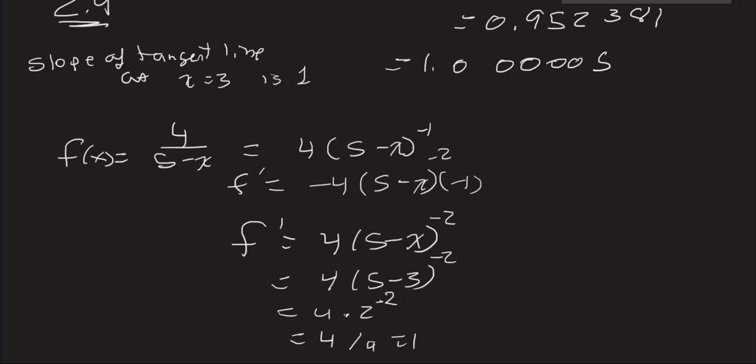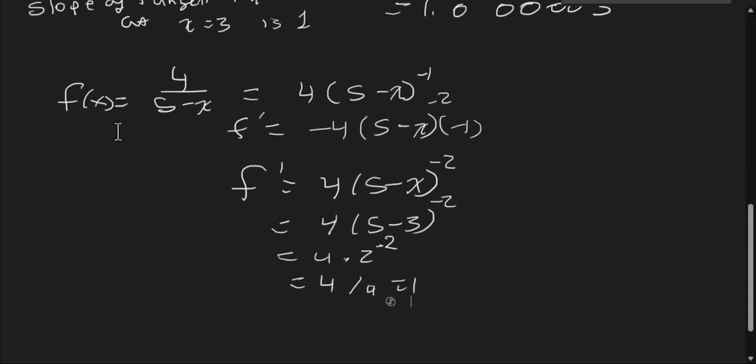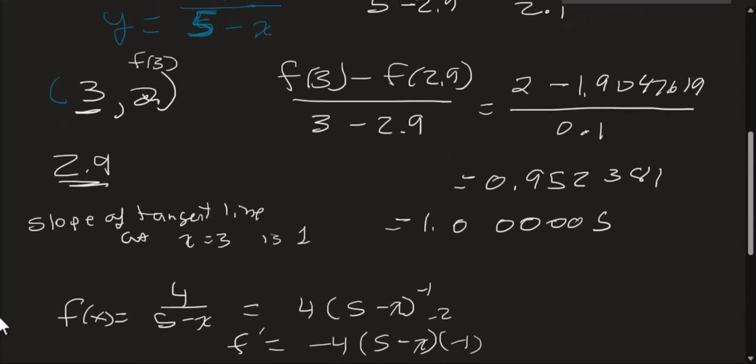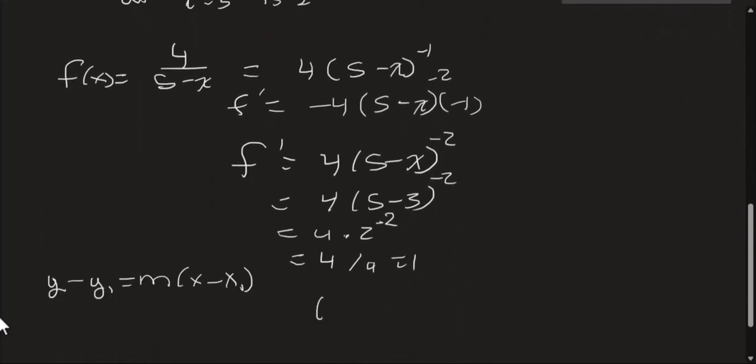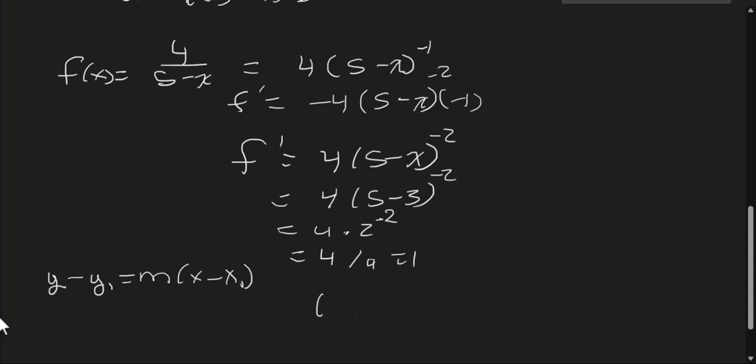Okay, so then it asks to find an equation of the tangent line. So the equation of the tangent line is y minus y1 equals m times x minus x1. Well, you have your point, the point that was given, 3, 2 in this example, and the slope is the slope that you calculated, and then you just plug in.